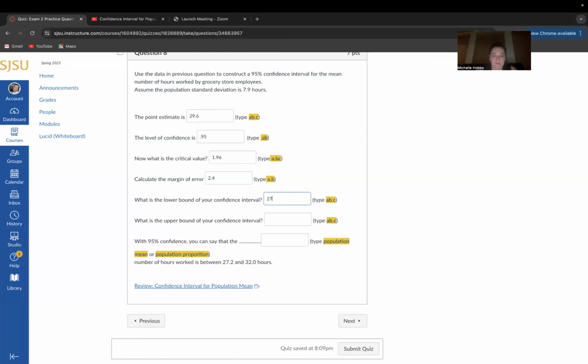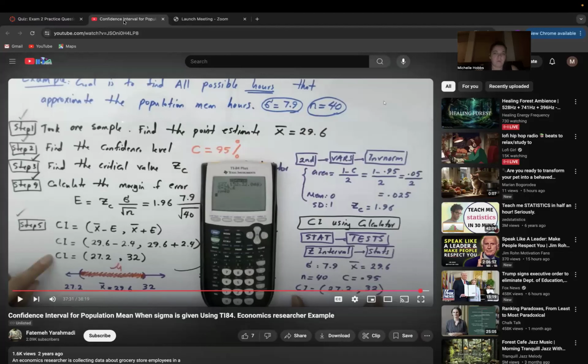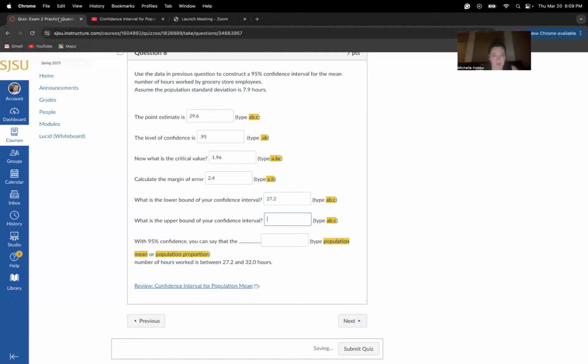So 27.2 for the lower, and the upper was 32.048, so maybe I'll say 32.0.